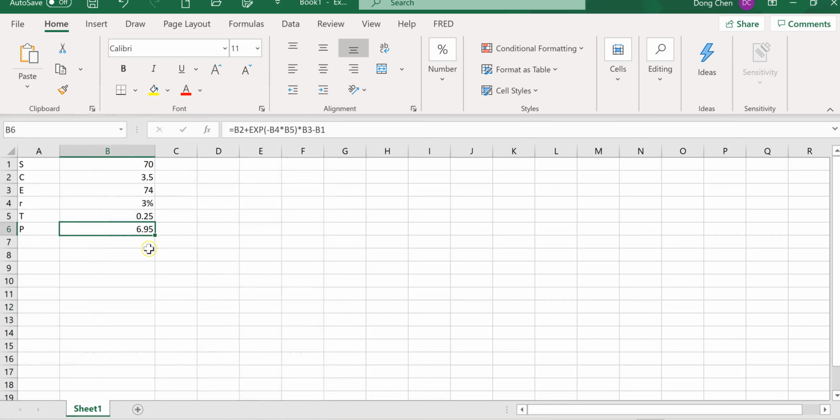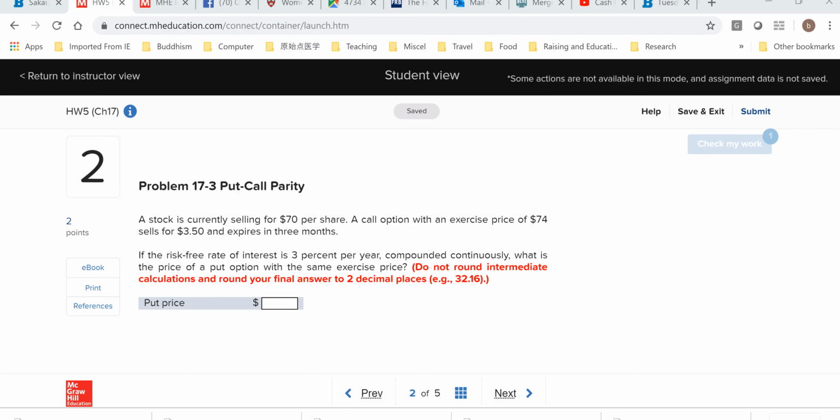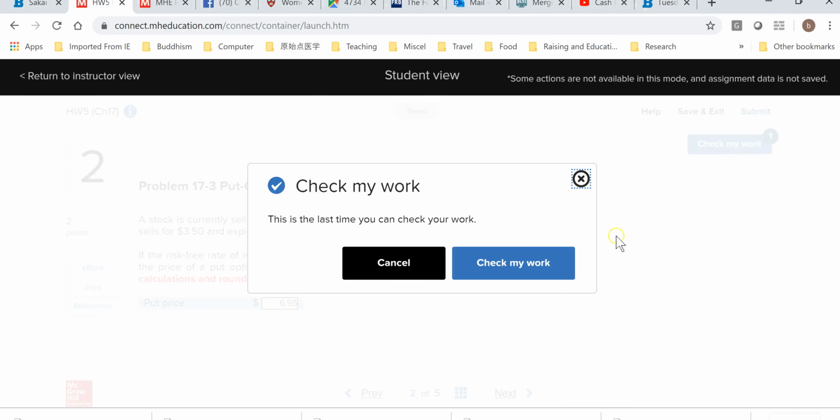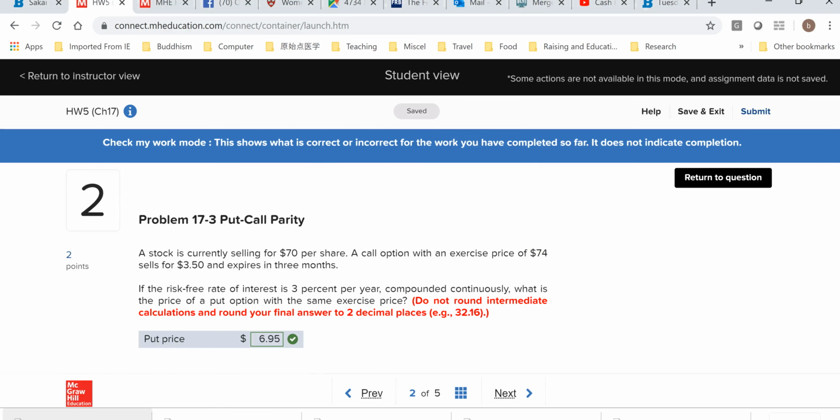So it turns out the price of the put option with the same underlying characteristics, that means with the same exercise price and maturity, will be selling for $6.95. So we just put this number back and check our work. Good job.